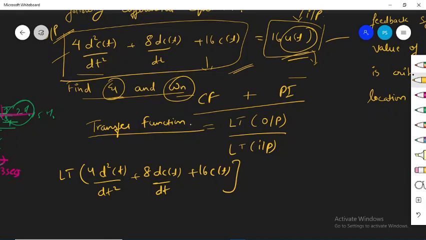There should be no initial conditions, only then can you find the transfer function for any system. So taking the Laplace transform, this will become 4 s square C(s), no initial conditions, or I'll write it below this only.